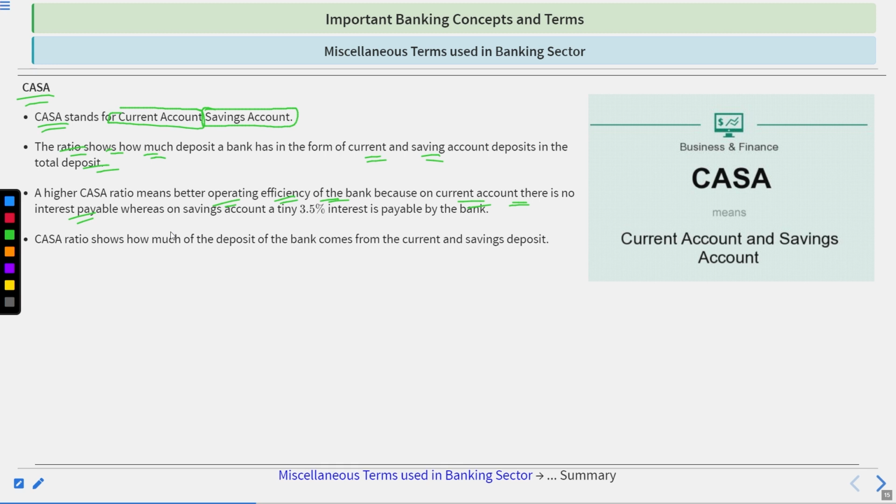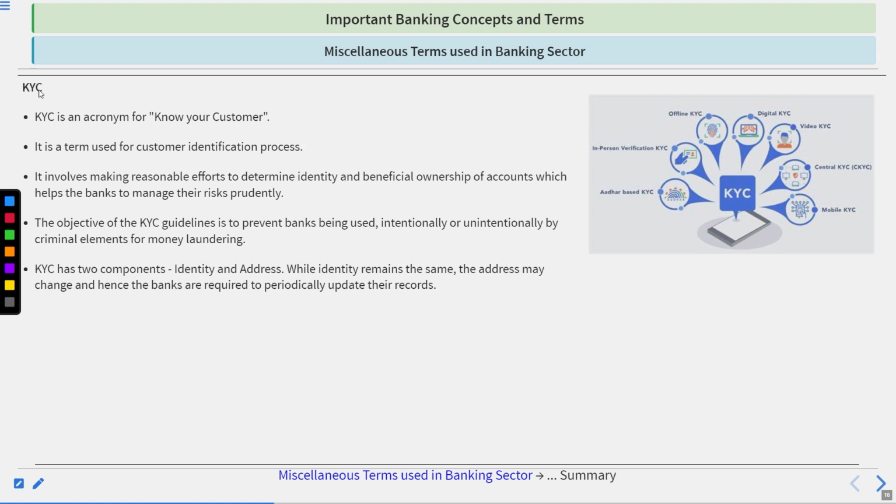But on savings accounts, a tiny 3.5% interest is the minimum payable by the bank, which means the bank is earning from somewhere, from some loan, but on the other hand, is also obliged to give interest to another person. Now we could say the CASA ratio shows how much of the bank's deposits come from current and savings accounts.